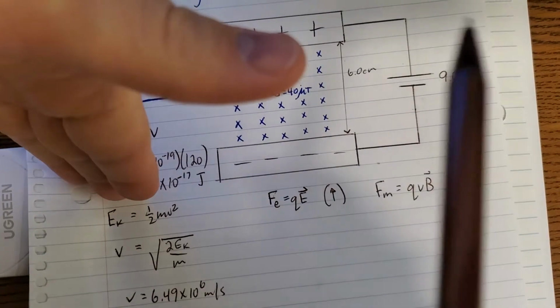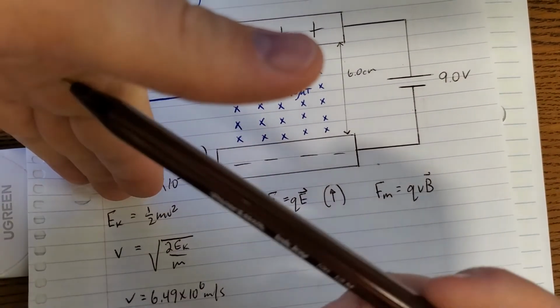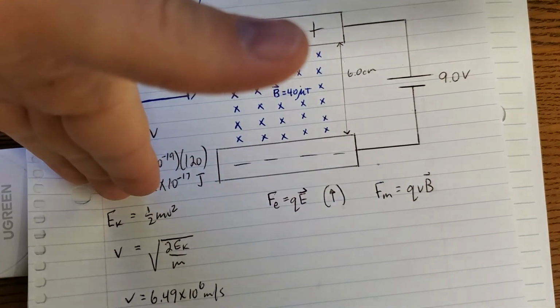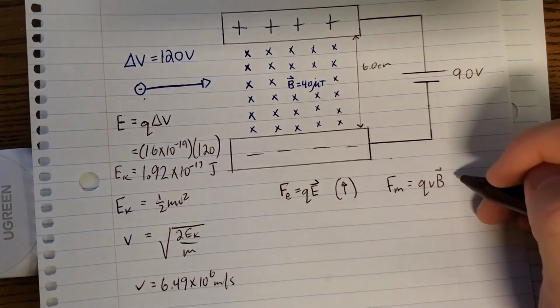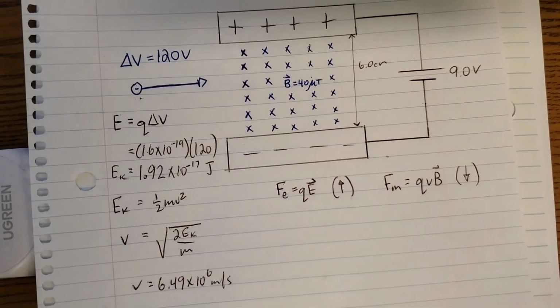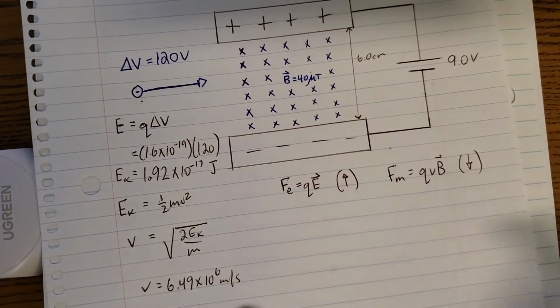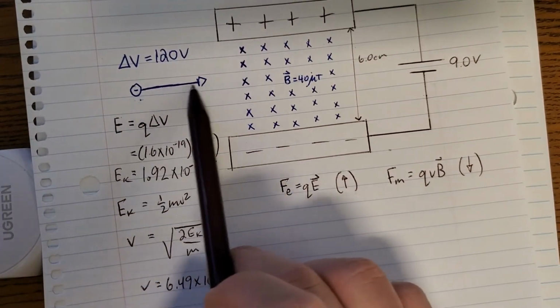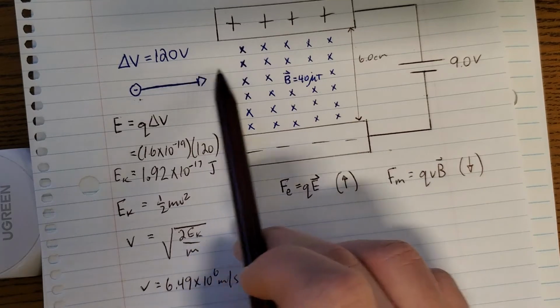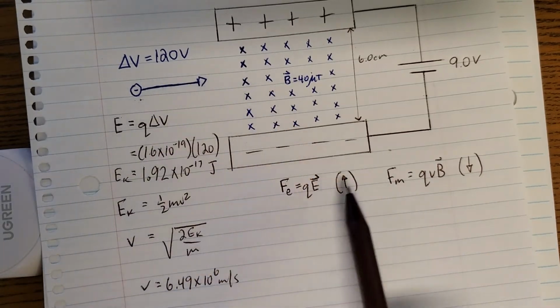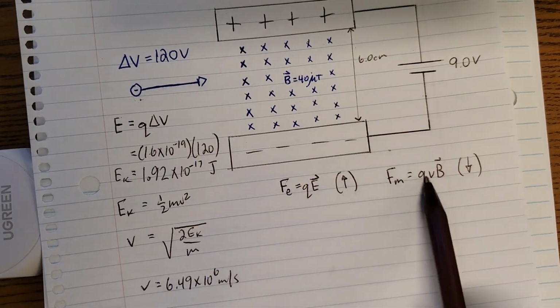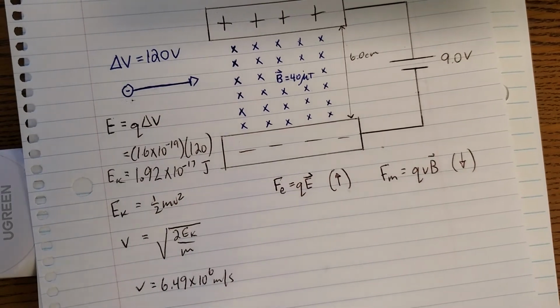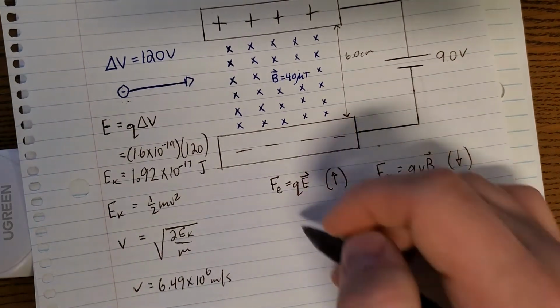My thumb's to the right, fingers into the page, my palm is facing down. So that tells us that the magnetic force is going to be down. Okay, so electrons coming in here, electric force will pull it up, magnetic force will push it down. So when we calculate these two, to get a net force, we'll actually just end up subtracting them.